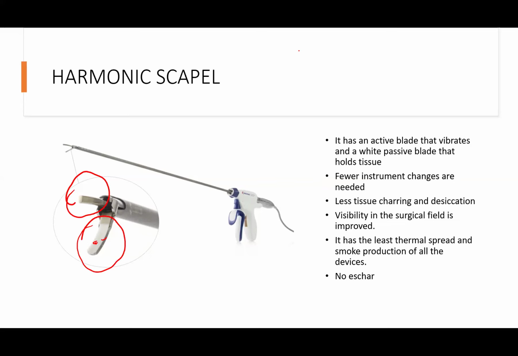In the harmonic scalpel, it is the active blade that exerts the effect. This other white one is called the Teflon jaw. It doesn't exert the effect of vibration. What it does is just hold the tissue in place.